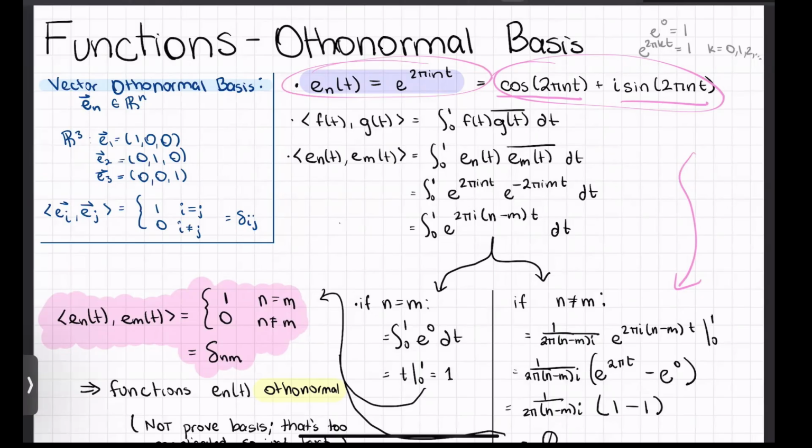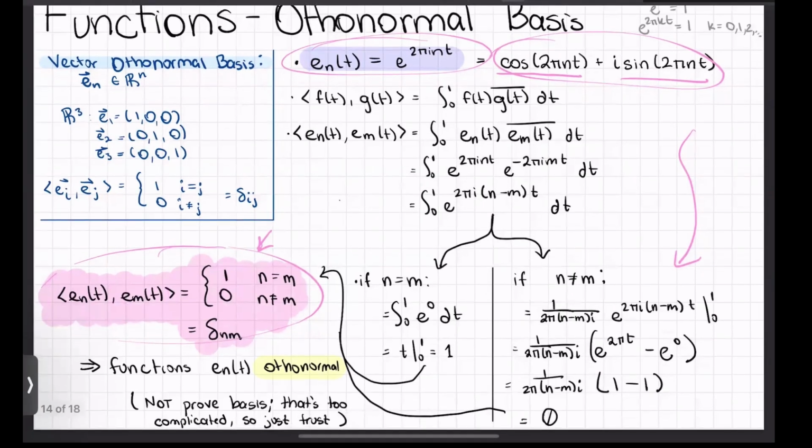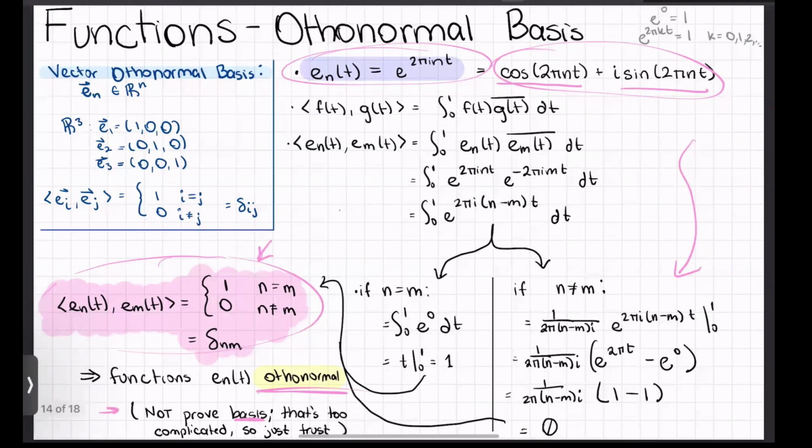And again, we get the same result that we can see right here, where if the bases are equal to each other, we get 1. And if they're not equal to each other, they're not the same basis, we get 0. And you can prove that. The important thing to note is that we did not prove it was a basis. What we did is we proved that it was orthonormal.